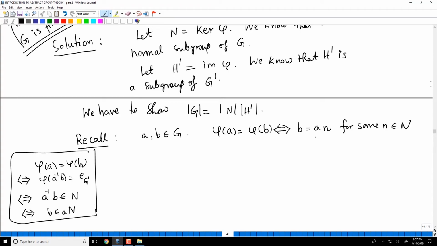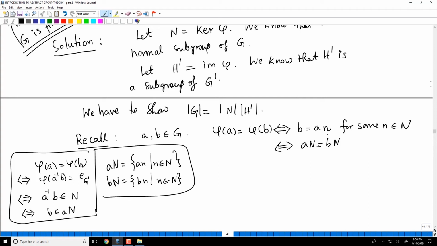So this is the if and only if statement. This is the statement that AN equals BN. Recall that AN is the left coset, A times small n for all small n in N. BN is B times small n for all n.